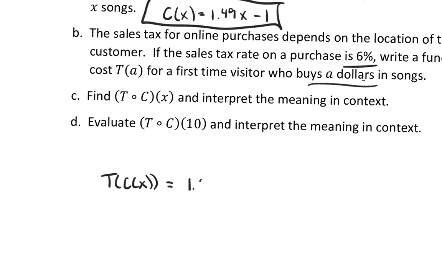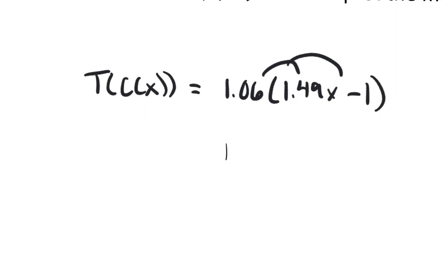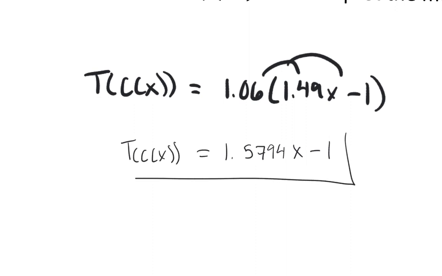I have 1.06 times 1.49x minus 1. So going ahead and distributing this, we are going to end up with 1.5794x minus 1. So T of C of x is equal to that.